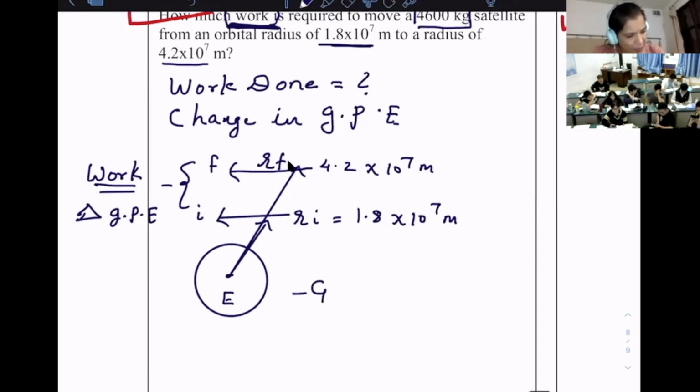Miss Rina, is the answer 7.6 times 10 to the power of 10 joules? You are approximately there. You are touching it, but it's not the exact answer.